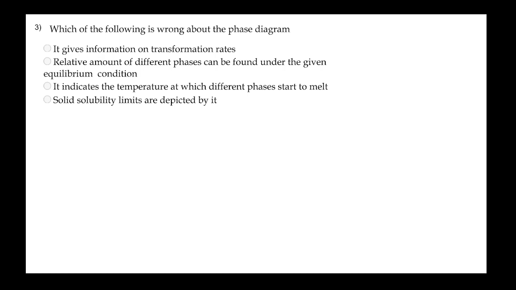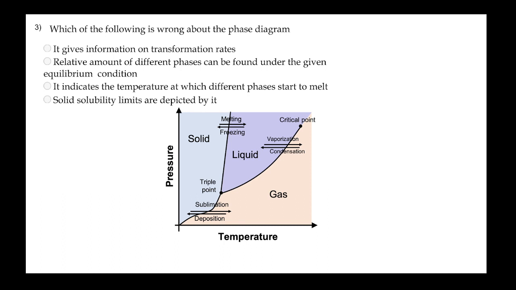Next question is, which of the following is wrong about the phase diagram? This is the phase diagram which I talked about earlier also. If you look at the options, the first gives information on the transformation rates. Relative amounts of different phases can be found under a given equilibrium condition. So if you look at all the options, the transformation rate, like at what rate one phase will be converted into another phase, cannot be obtained.